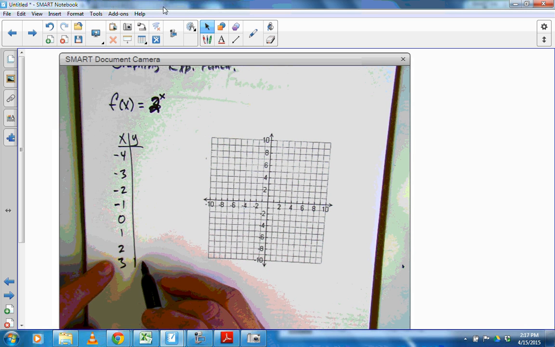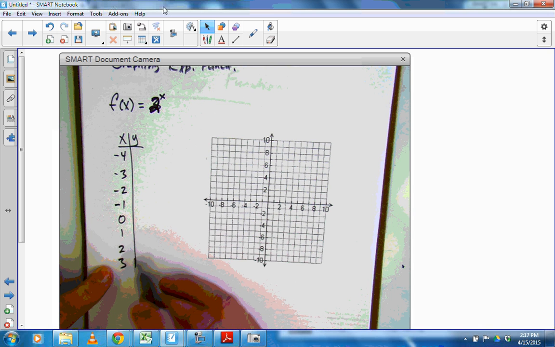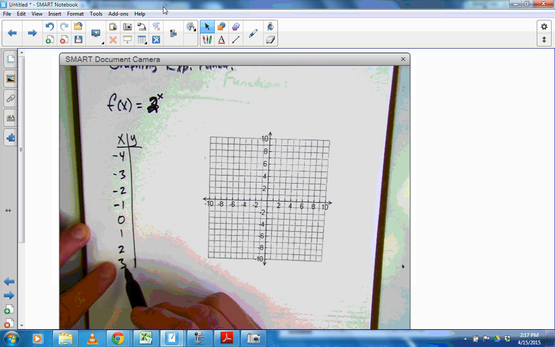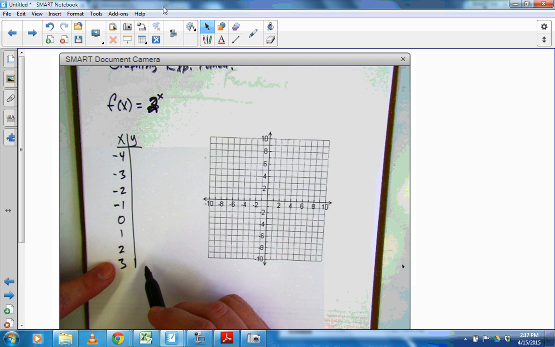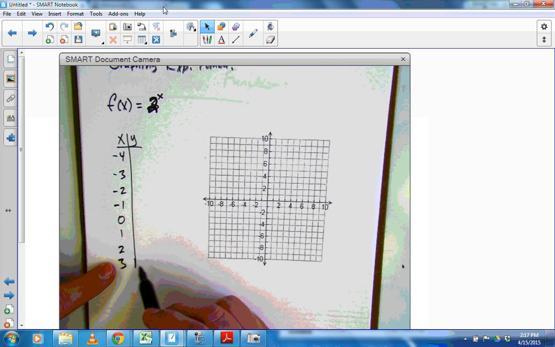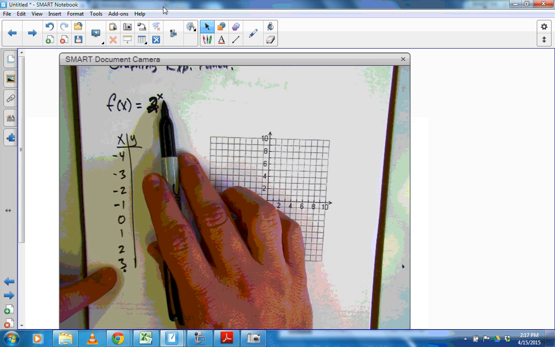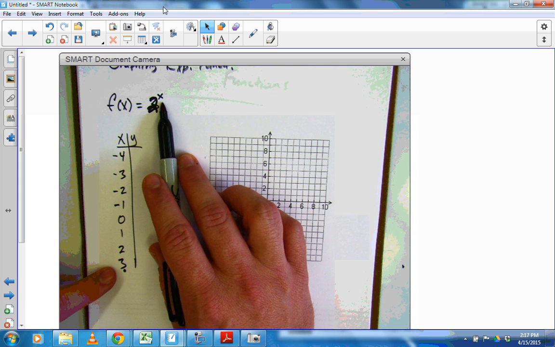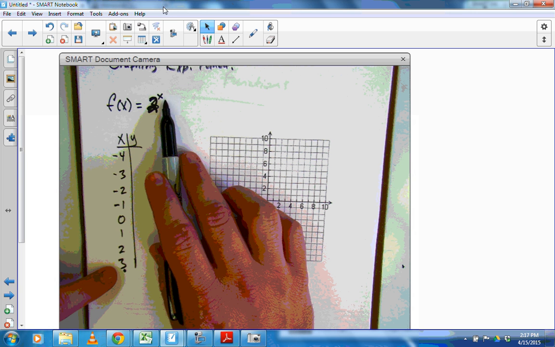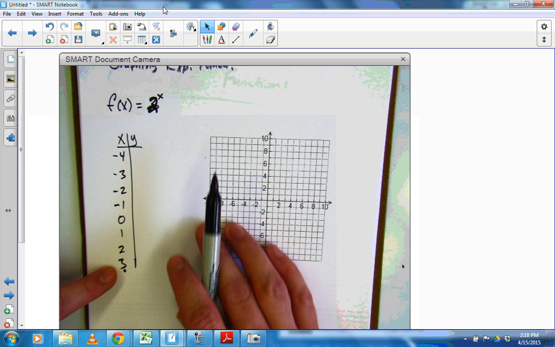What do I need to do? I'll start down here because they're going to be easier. How do I figure out what the y would be? Put 3 as the base. Yeah, 2 to the third power. So you're taking 3 and putting it in place of x. So 2 to the third would be 8.